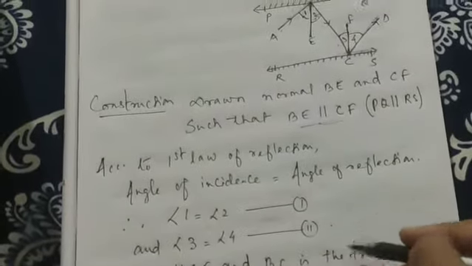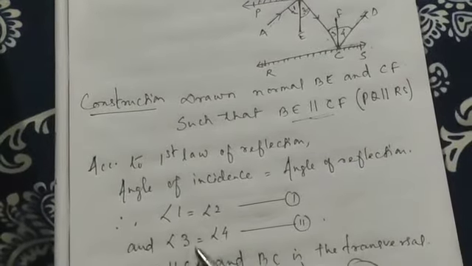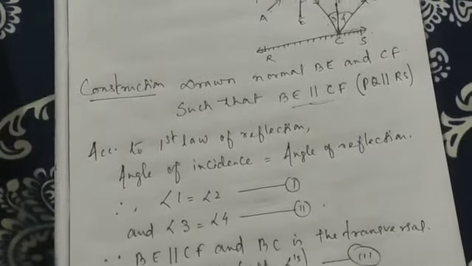From equations 1, 2 and 3, what do we get? 1 is equal to 2, 2 is equal to 3, 3 is equal to 4. That means 1 is equal to 4, right?